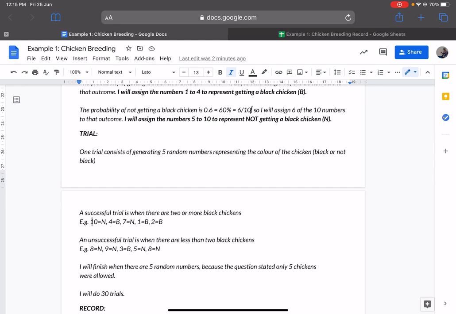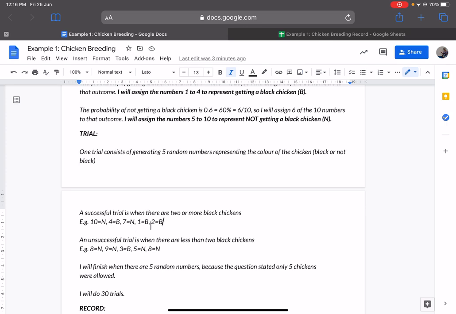So if I get the number 10, that was assigned to not getting a black chicken, so that's N for not black. Number 4 was assigned to getting a black chicken, so that's a B for black. 7 was assigned to not getting a black chicken, so that's N. 1 was assigned to getting a black chicken, so that's B. 2 was assigned to getting a black chicken, so that's B as well.